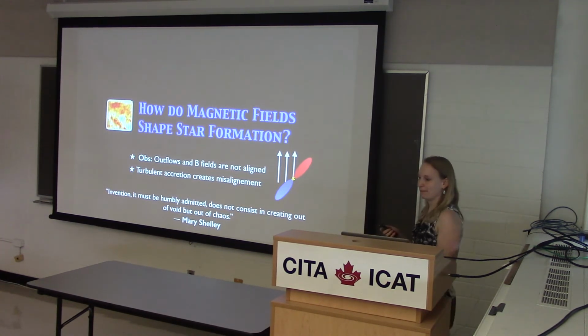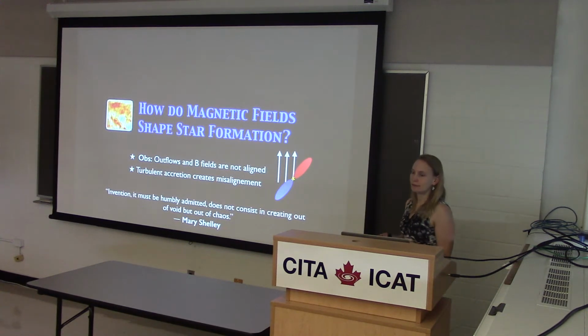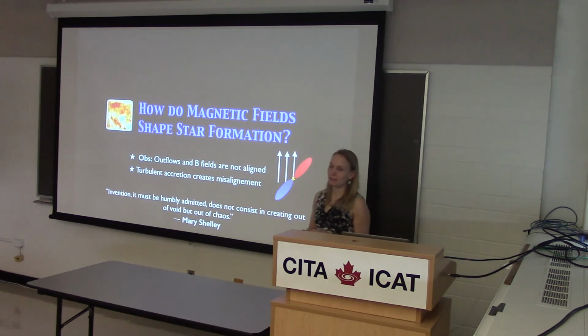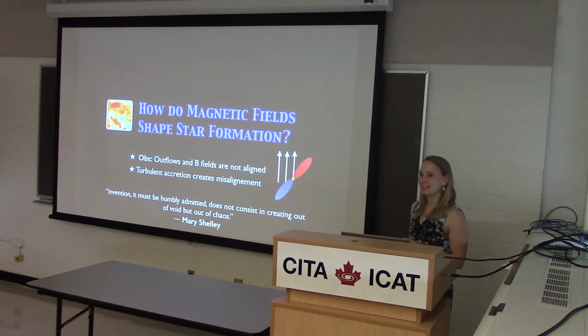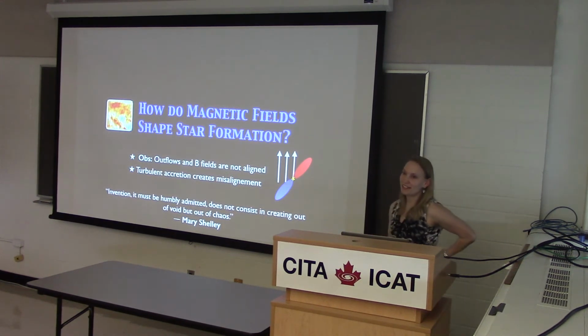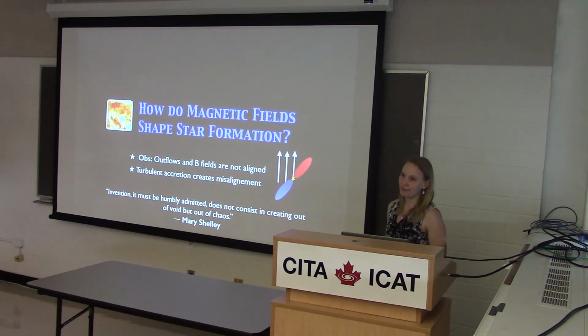So if you look at this from the point of view of a cloud with a uniform magnetic field, all of the protostars wouldn't necessarily have outflows in the same direction. That's right. Not in a single event way, but just the statistics of outflows.